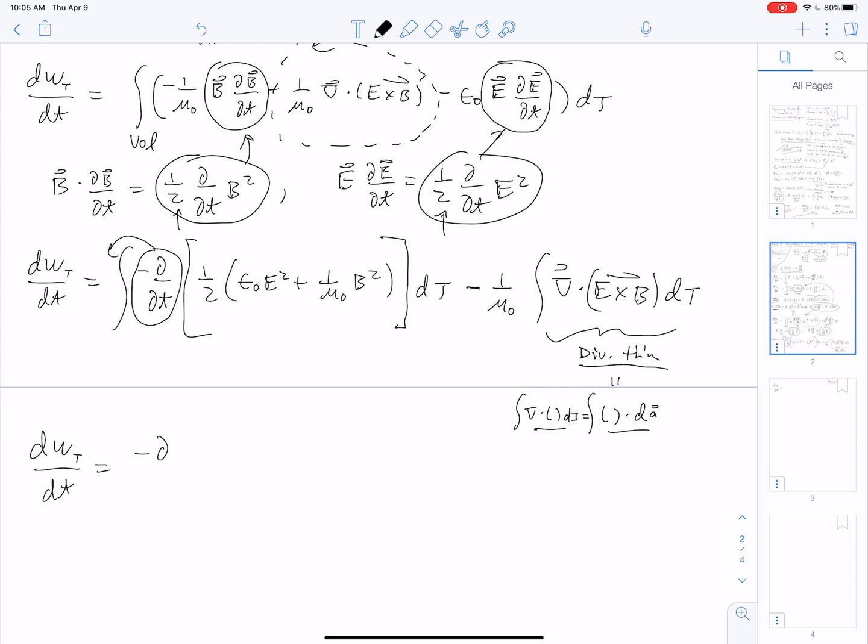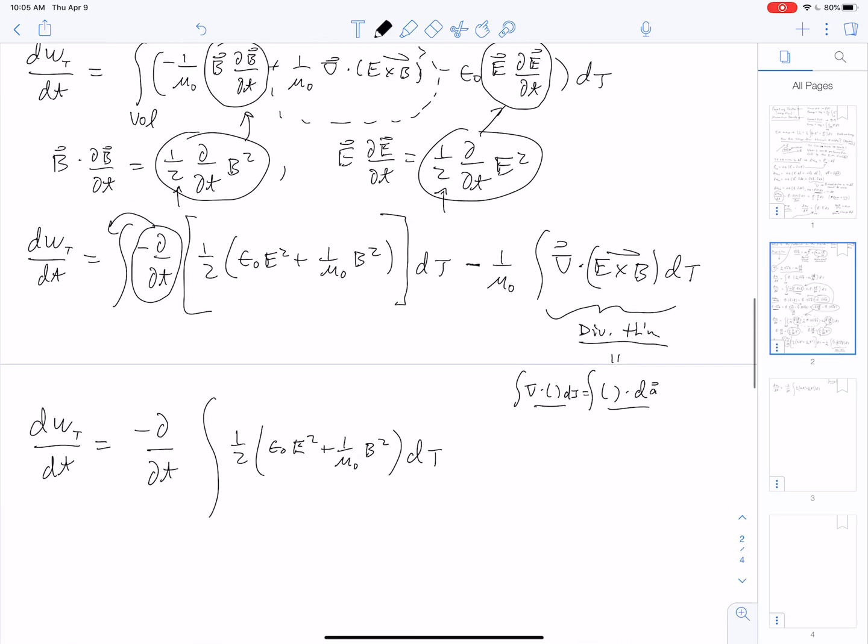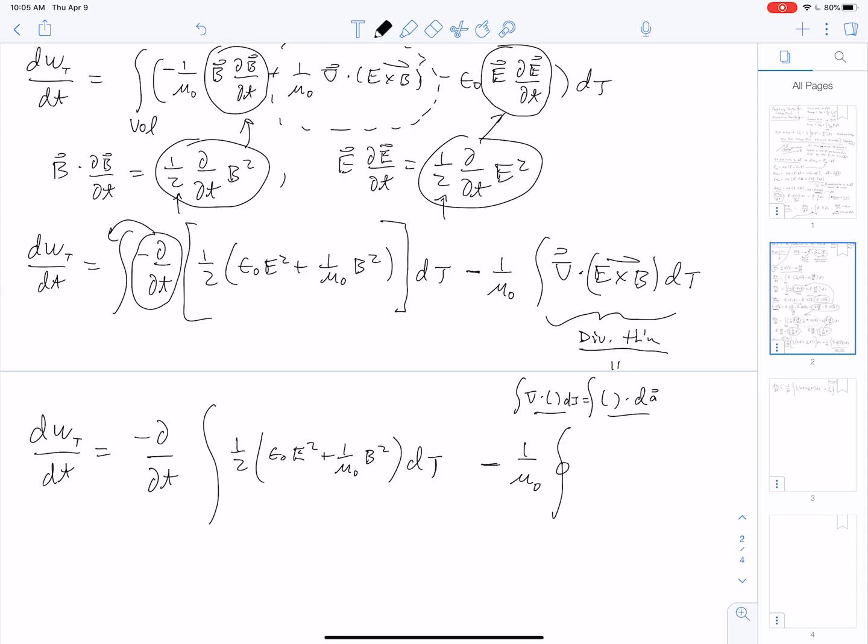We have two parts: a time derivative of the integral of 1/2 epsilon naught E squared plus 1 over mu naught B squared d tau, minus 1 over mu naught, and we'll do the divergence theorem, this integral over the surface bounding the volume of E cross B dot dA. The first is over a volume, and the second integral is over the surface bounding the volume.